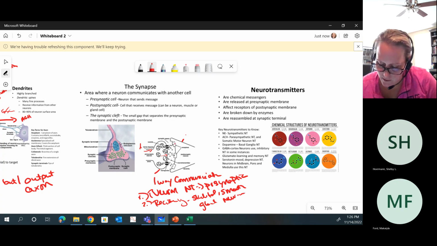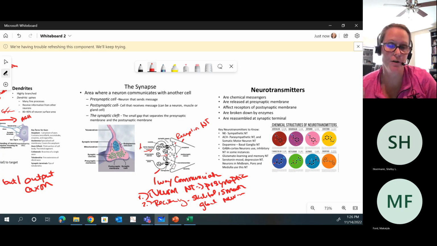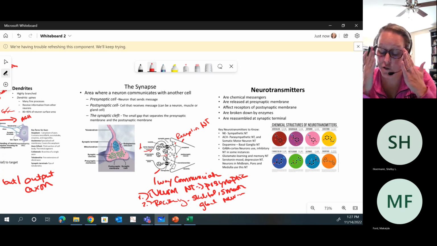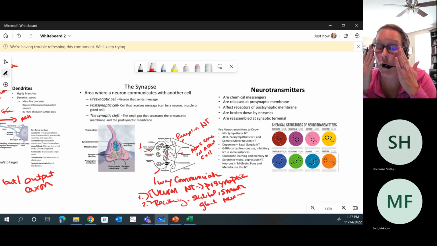It's going to have its receptors for the neurotransmitter typically in its membrane close to that synapse, and when the molecule and the receptor merge, it's going to undergo some type of conformational change. That conformational change could be ions coming in or out of the cell, and that can change the electrical properties.